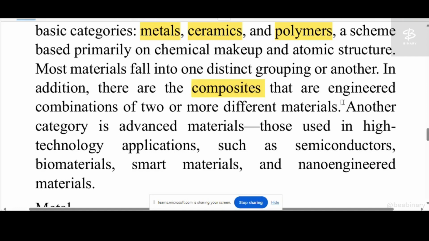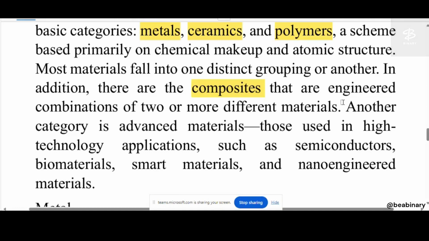In our beam example, the rod is the reinforcement, and the concrete, cement, and sand, all combined together, are your matrix.